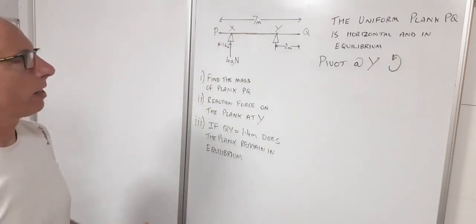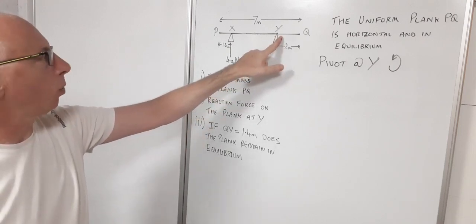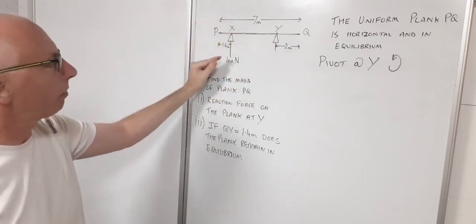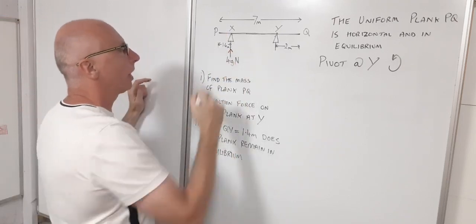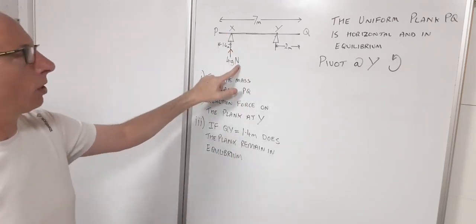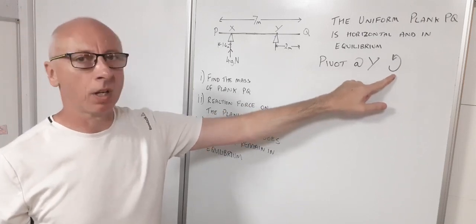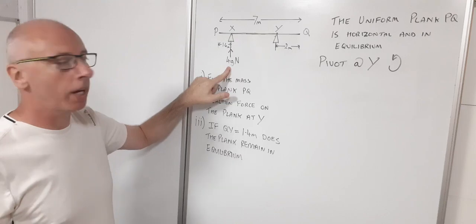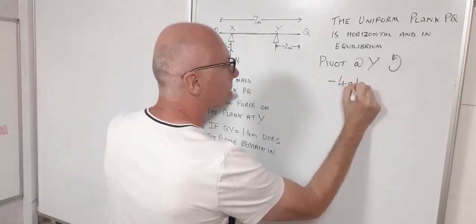Okay, right, so what forces are acting on the plank if the pivot point is Y? Well, this truss is stopping the plank from falling down, so the force is going upwards, and it's been given as 4g newtons, and it's going against our counterclockwise direction. So first of all, I'll write this as a minus: minus 4g newtons.